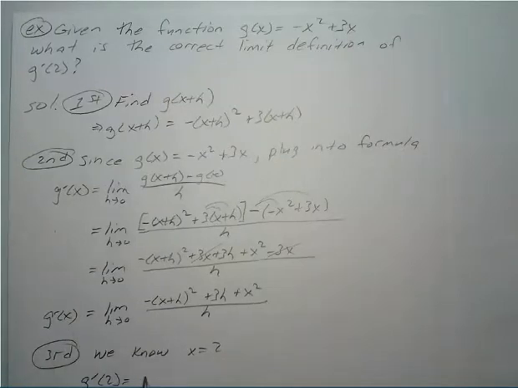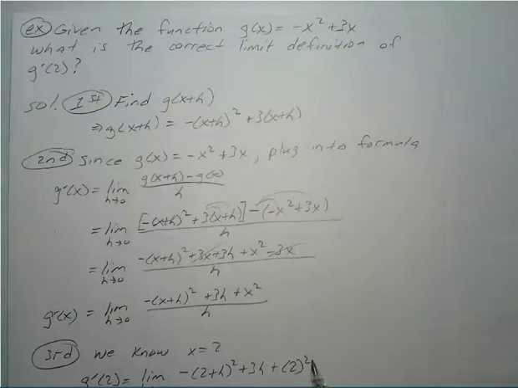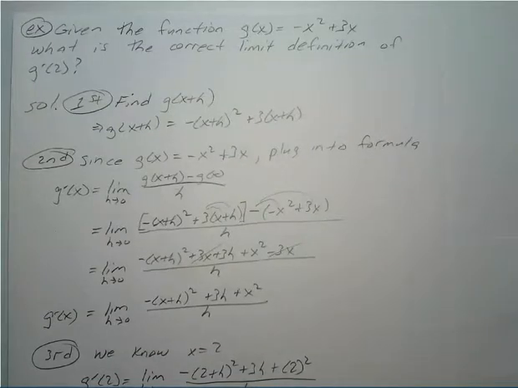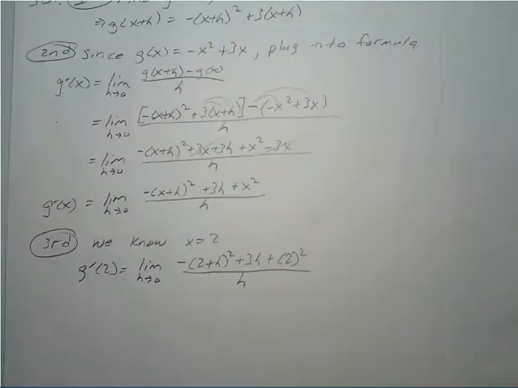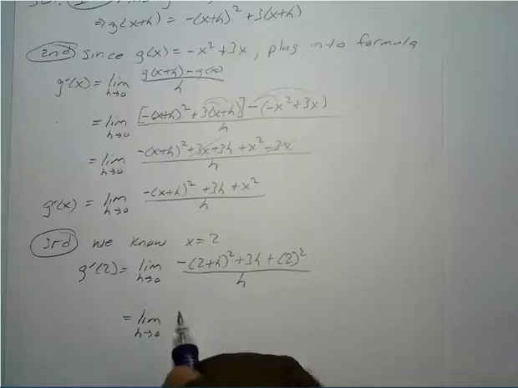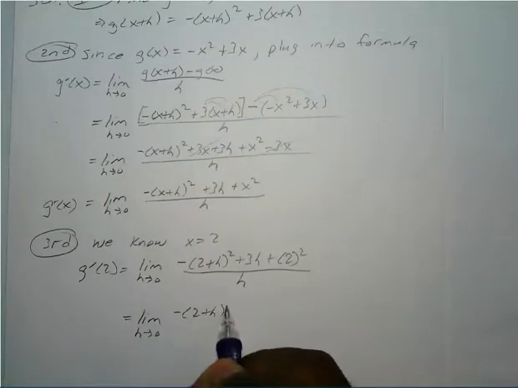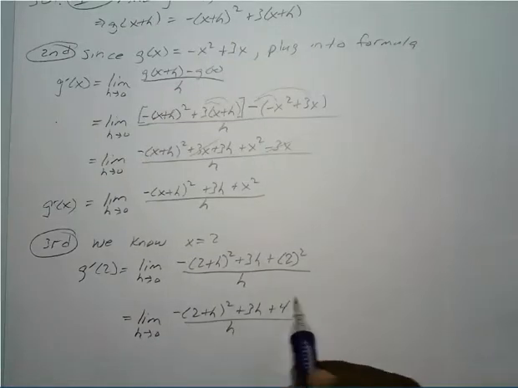So g prime of 2 is equal to the limit as h approaches 0 of negative 2 plus h squared plus 3h plus, we could just put 4, but I'll put the 2 squared, all over h. Every time I think I pushed it up enough, I find that I didn't. If we simplify that last term, it's the limit as h approaches 0 of negative 2 plus h squared plus 3h plus 4, all over h.